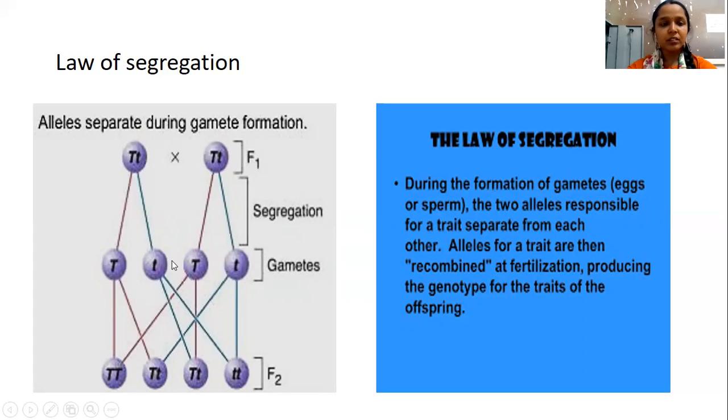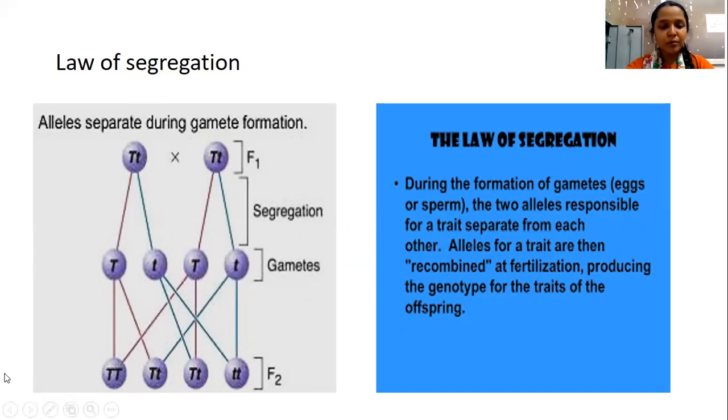During gamete formation, it is clear that the genes which code for the characters segregate separately. There is no clubbing of the genes. The genes will retain their purity and segregate separately. That is the law of segregation.